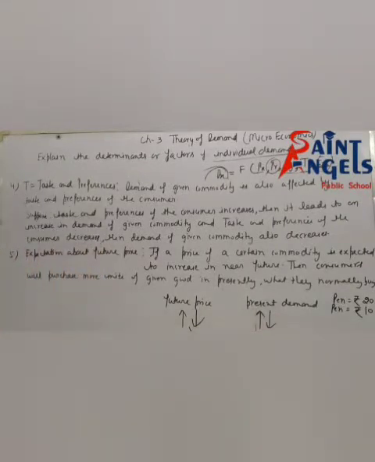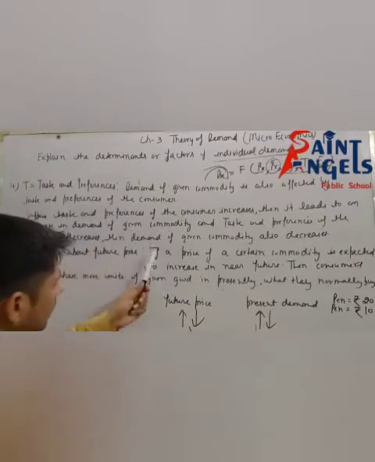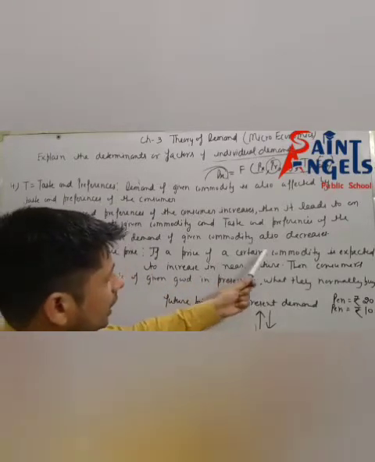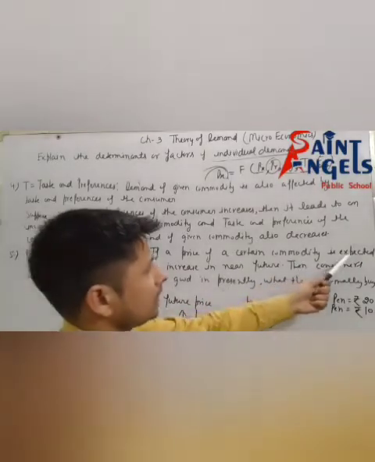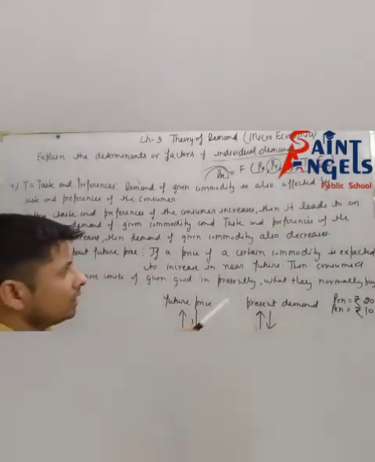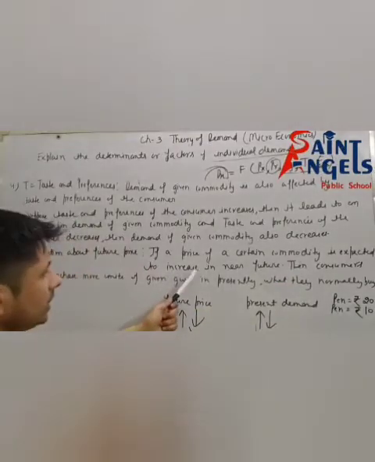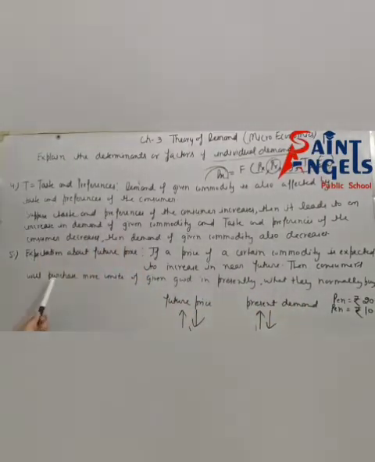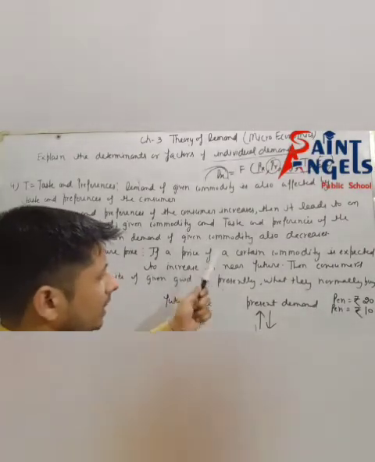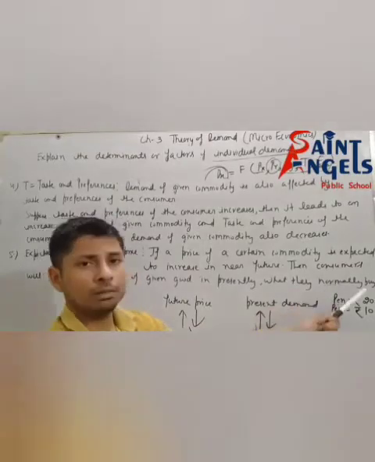But how will you explain this relationship? See, if the price of a certain commodity is expected to increase in the near future, then consumers will purchase more units of the given good presently than what they normally buy.